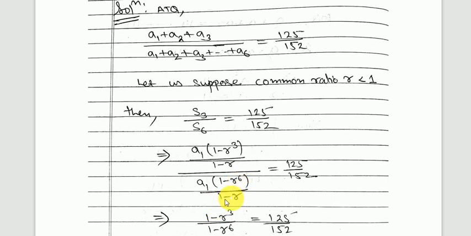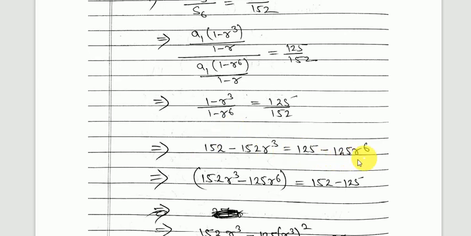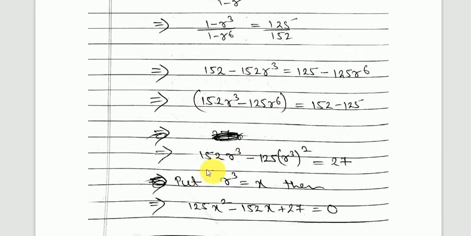This 1 minus R and here 1 minus R, these two will get cancelled. A1 will get cancelled. And we are left with (1 minus R cube) upon (1 minus R to the power 6) equal to 125 upon 152. Cross multiply, and we get this.